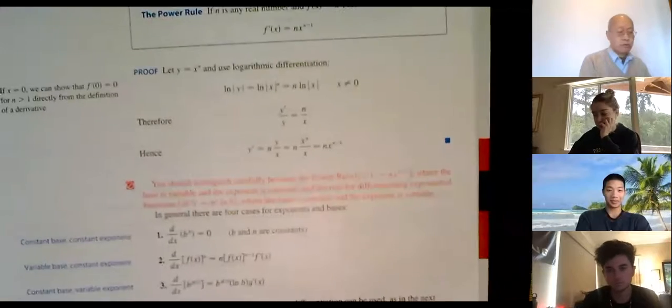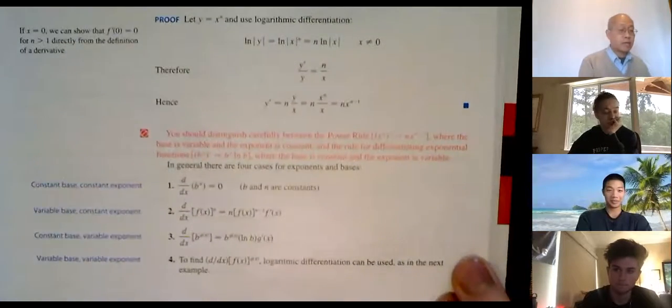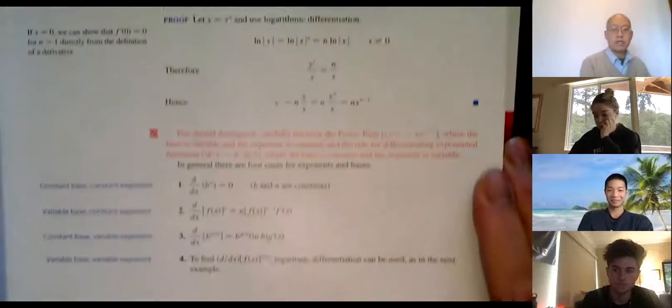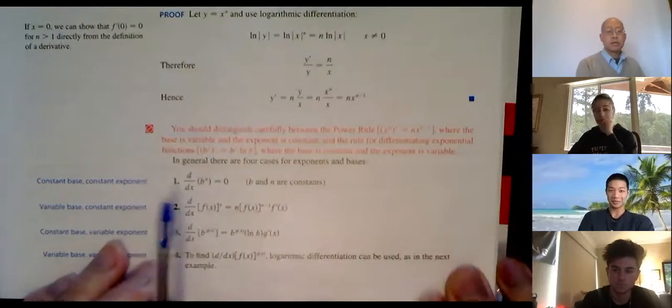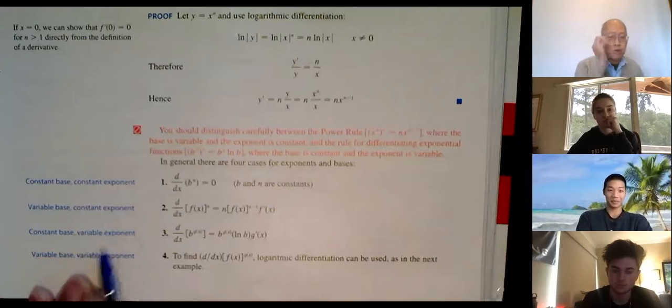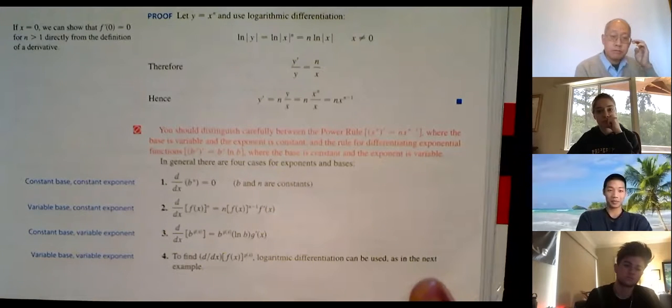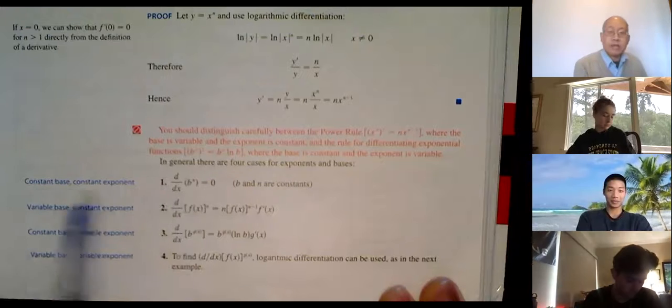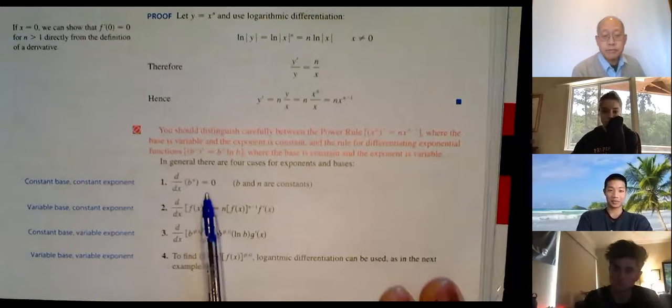And then I want to re-emphasize this thing at the bottom of the same page, 221. Okay, so what happens if you have these different scenarios of exponents? Okay, so constant to a constant, variable to a constant, constant to a variable, variable to a variable. Okay, so if you have a constant raised to a constant, it's still a constant, so its derivative is 0, right?